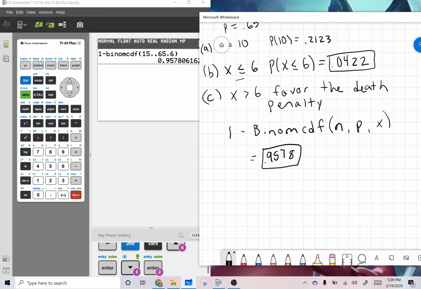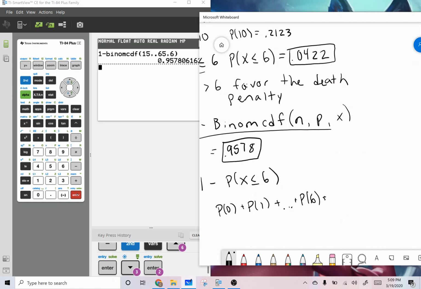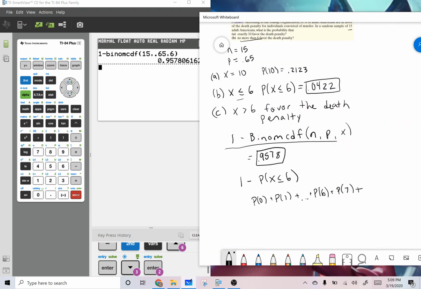Now, I was able to predict that it was going to be about 95%. What I did was, rather than actually do the problem using the binom CDF, I used the complement. I used 1 minus the probability that x is less than or equal to 6, because those are all of the values. Here's P0, add P1, all the way to P6. Keep adding, add P7, add P8, and then go all the way to P15.